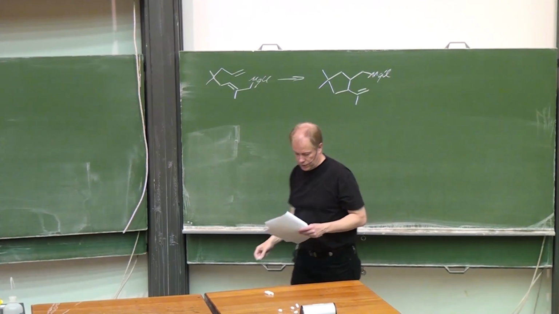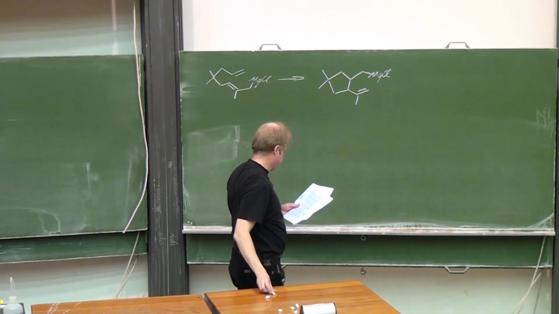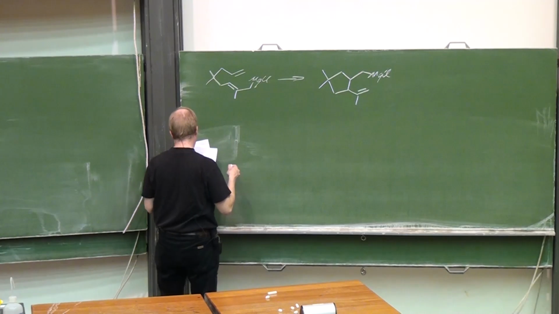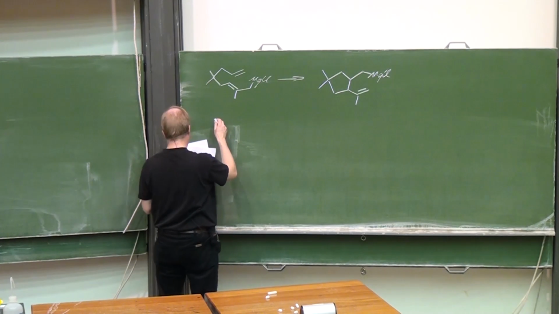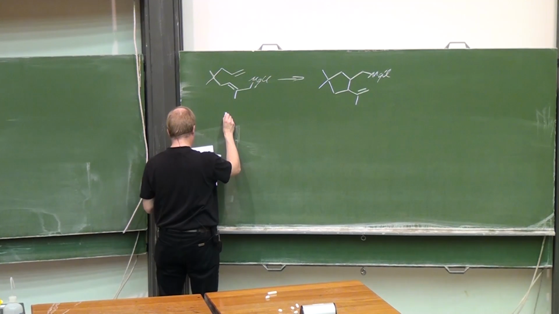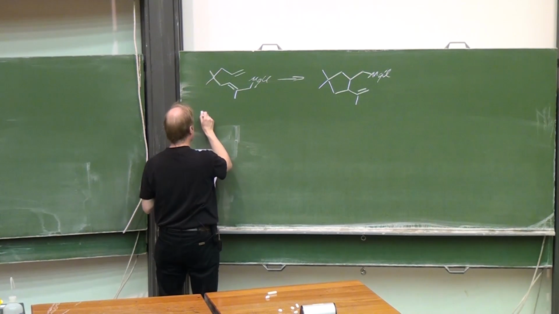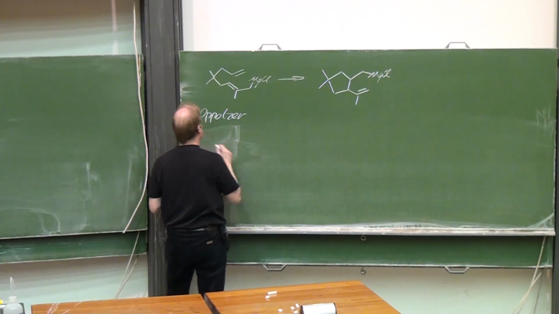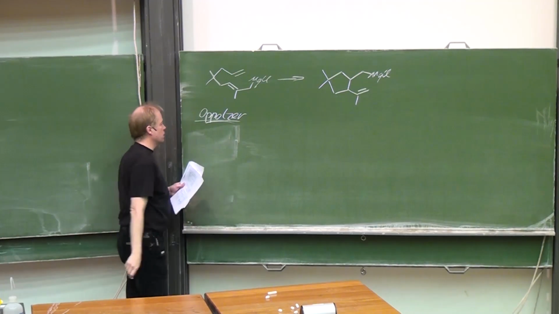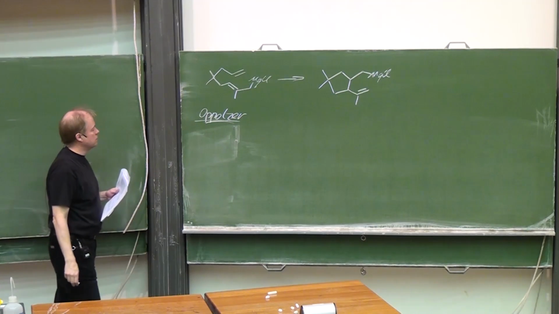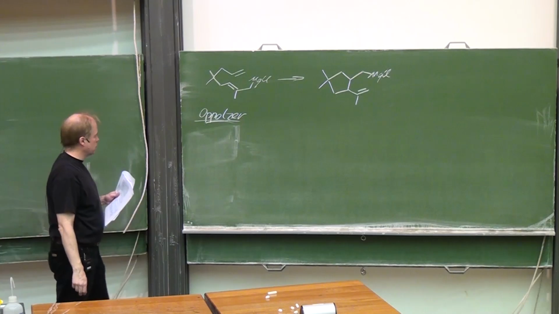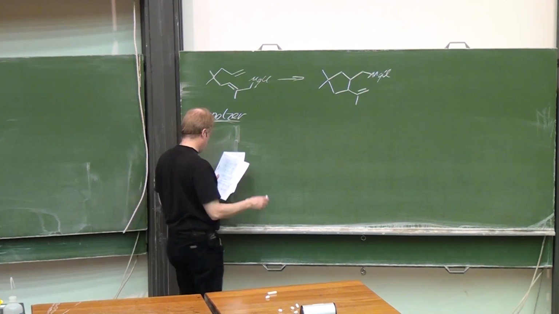I think it's very easy to understand. Introducing such a reaction step as the key step in a natural product synthesis. And most of these natural product syntheses have been performed by the group of Oppolzer, I think in Switzerland, hope that's right.